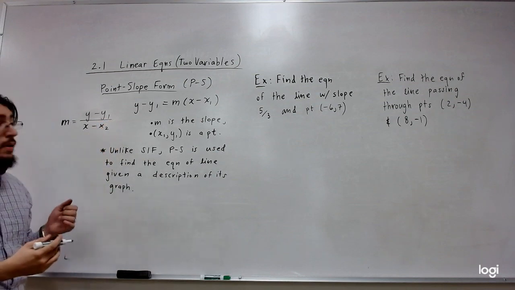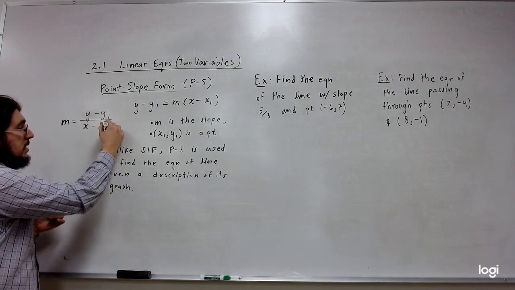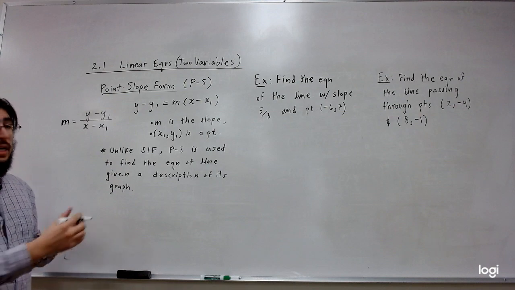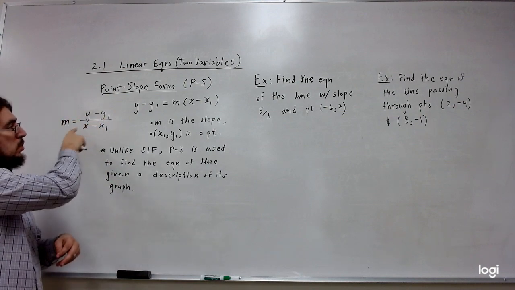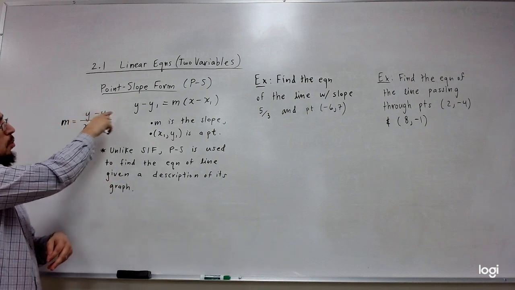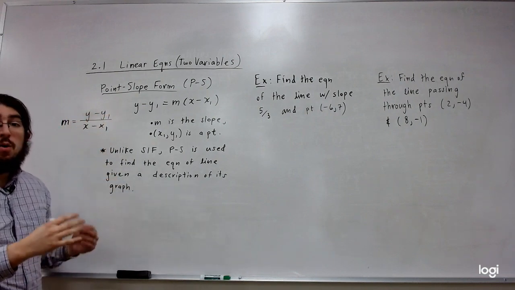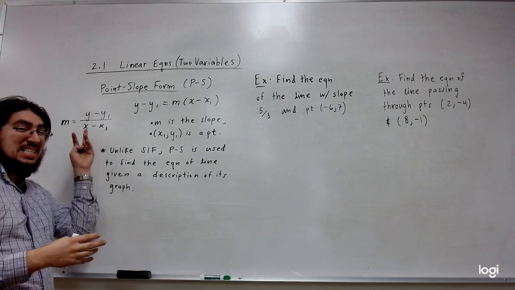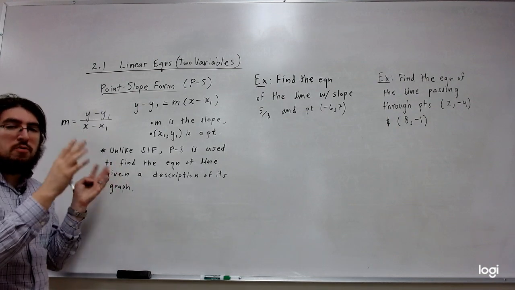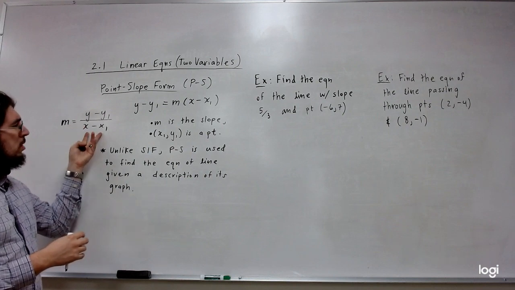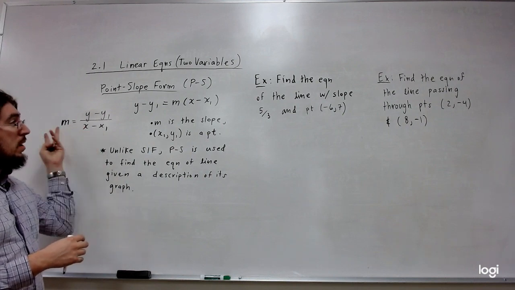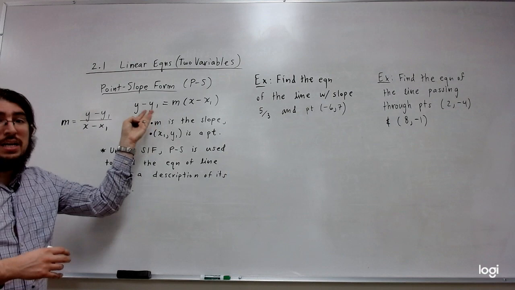Notice I'm not labeling the x's and y's with 2's, only with 1's, and I'm removing the 2 from the first one, basically. So instead of y2 minus y1 over x2 minus x1, I'm just writing y minus y1 over x minus x1. Why is that? Because we're going to let x and y be a general point that we can move around, basically, so they're variables. And if we multiply both sides by x minus x1, we get exactly this.